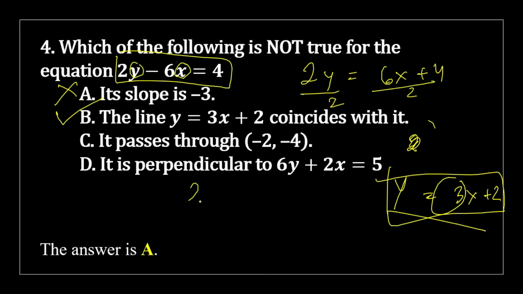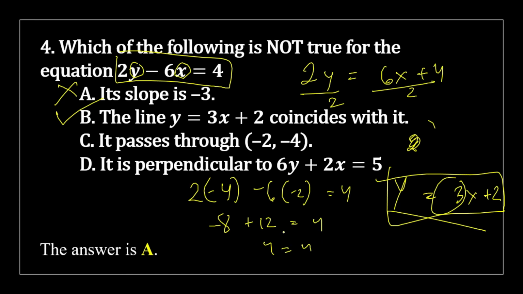So we have 2 multiplied by -4 minus 6 multiplied by -2 is equal to 4. 2 times -4 is -8. -6 times -2 is positive 12. So -8 plus 12 is equal to 4. So 4 is equal to 4. So letter C is correct.